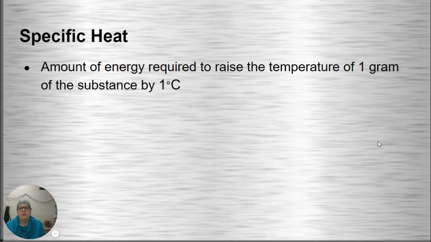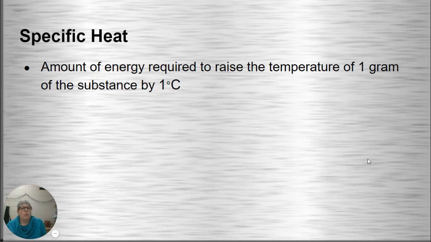And that is called the specific heat. The specific heat is, by definition, the amount of energy required to raise the temperature of 1 gram of whatever that substance is by 1 degree Celsius. That can be in the upward direction if you're adding heat, or in the downward direction if you're removing heat. So it's the amount of energy that it takes to take literally just 1 gram of that substance 1 degree Celsius in any direction.